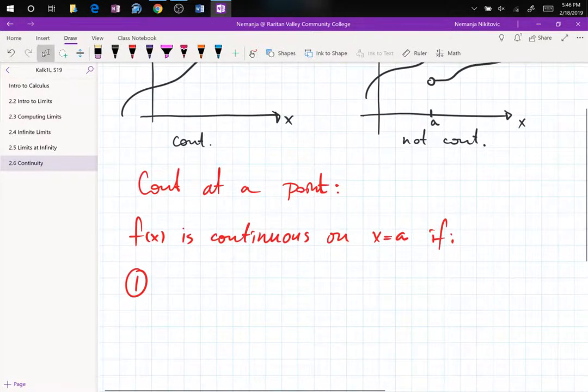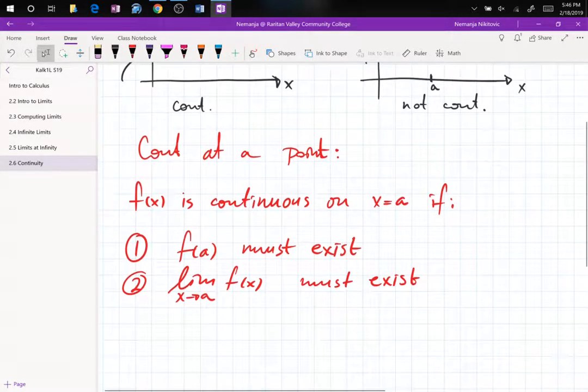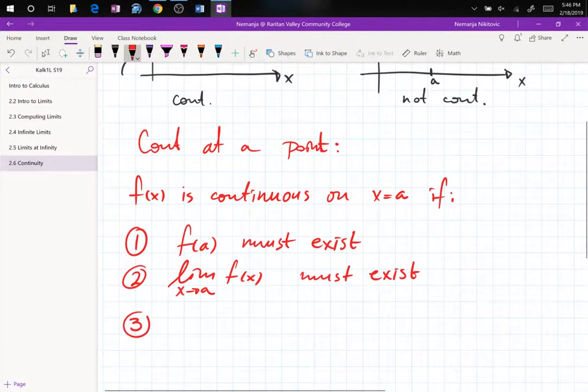Rule number one is that f of a must exist. Number two, the limit of f of x as x goes to a must exist. And number three, the limit of f of x as x goes to a has to be equal to f of a.